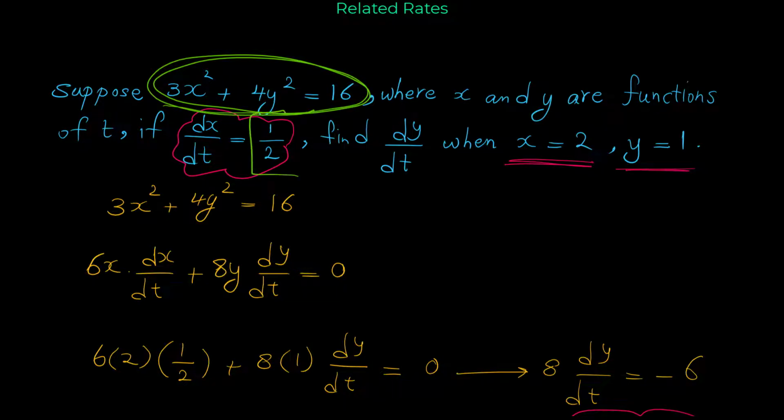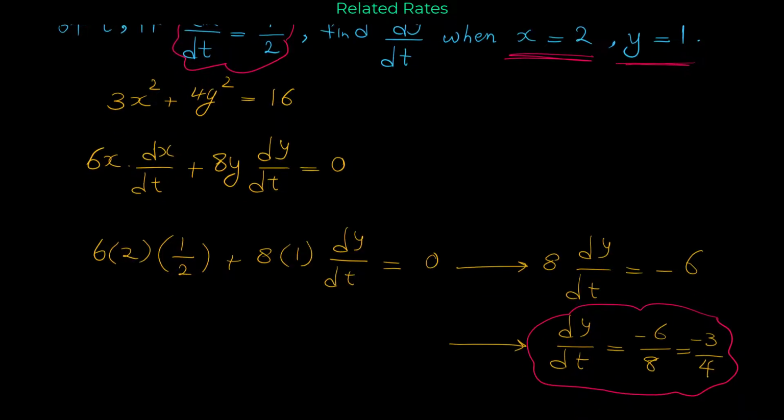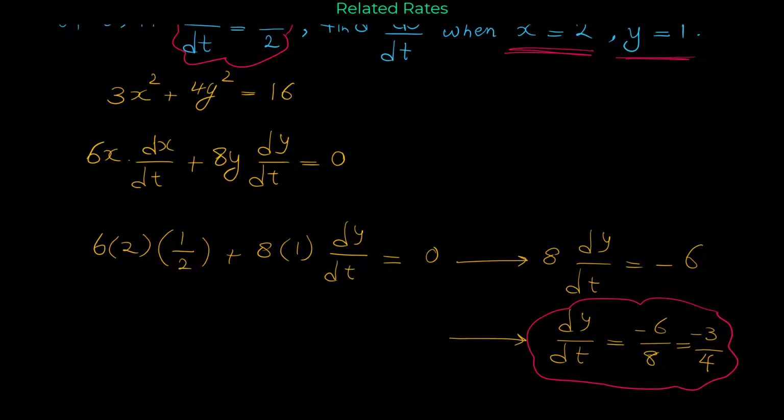When the value of x increases, it makes sense that the value of y decreases, because, attention, 3x² + 4y² is always 16. So if x increases, the y value decreases, and that's the reason we got a negative value for the rate of change in the value of y.